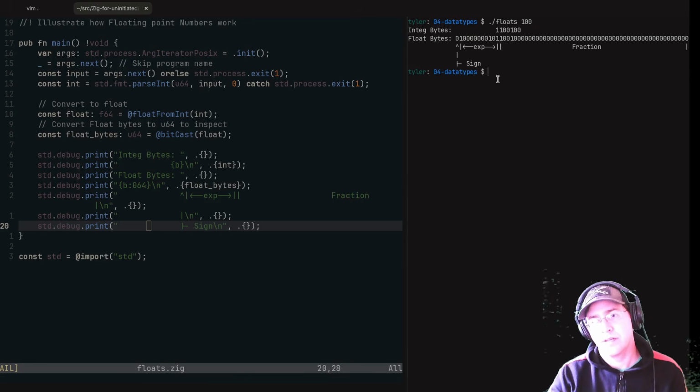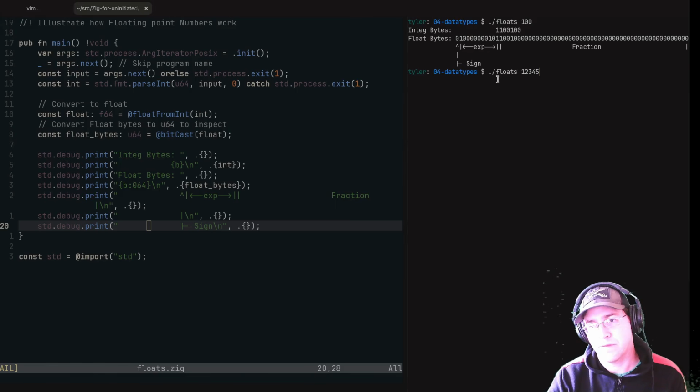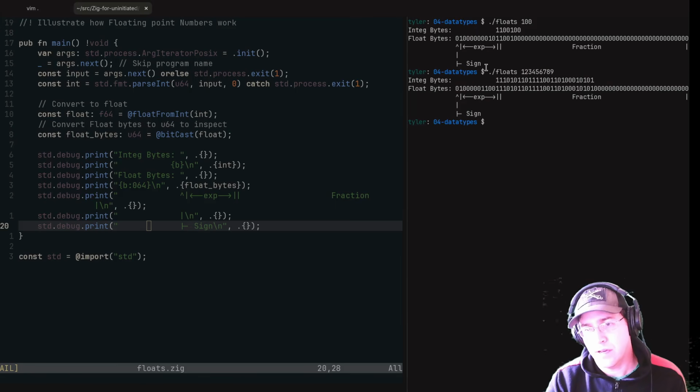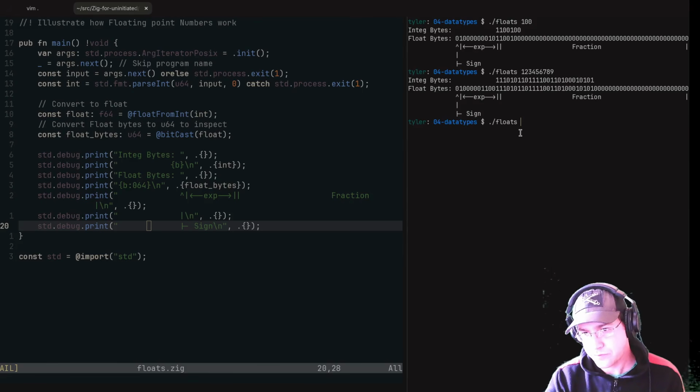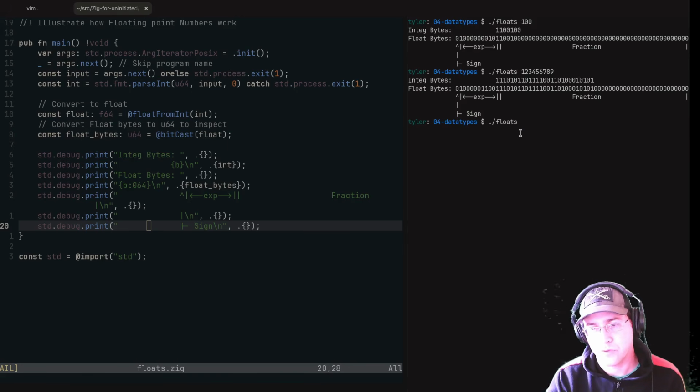So then we can start throwing in really big numbers, 1, 2, 3, 4, 5, 6, 5, 6, 7, 8, 9. And you can see that this counts. In fact, this will work for any number up to 2 to the 24th. Or no, 2 to the 24th plus 1.